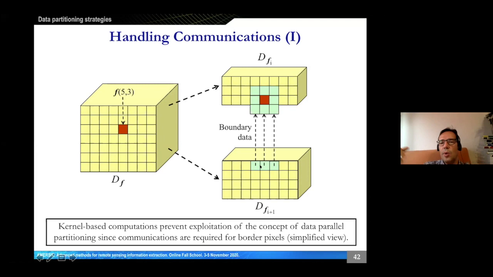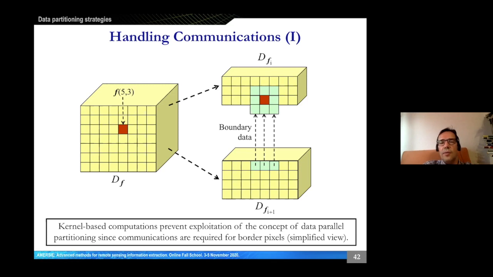Here we have a problem because we need to send some boundary data from one processor to another in order to be able to complete the computation, the morphological computation for this pixel. We need to analyze these pixels that are close, especially to this one that we are analyzing, but are actually located in a different processor after the partitioning.